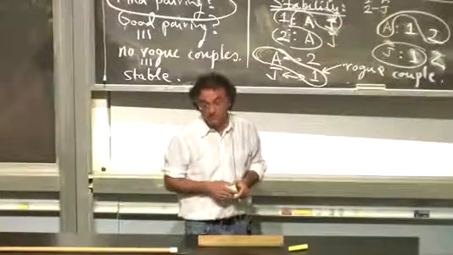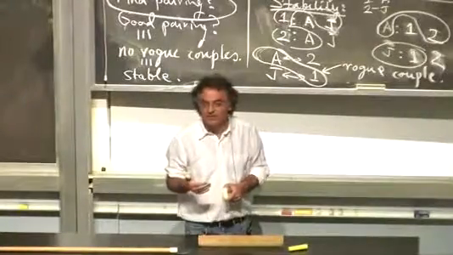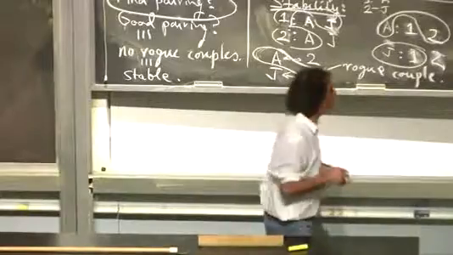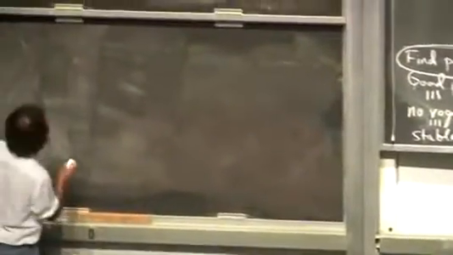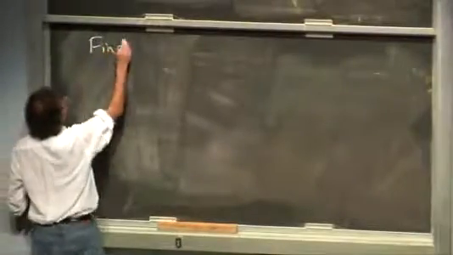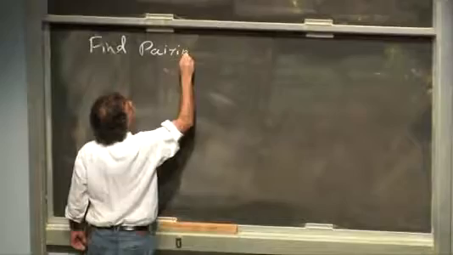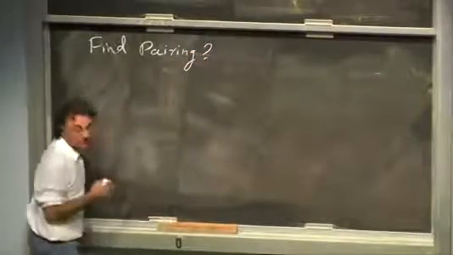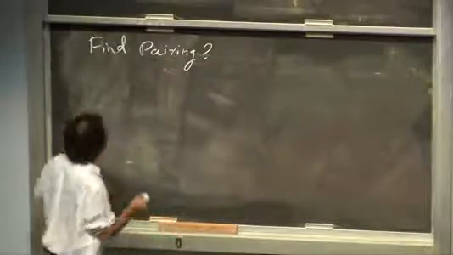So we have to show that can't happen. Why can't it happen? Well, let's assume for contradiction that the algorithm halts and it doesn't find a pairing.